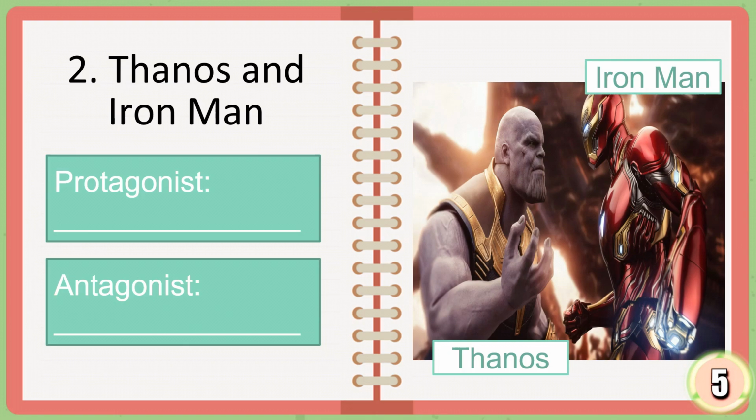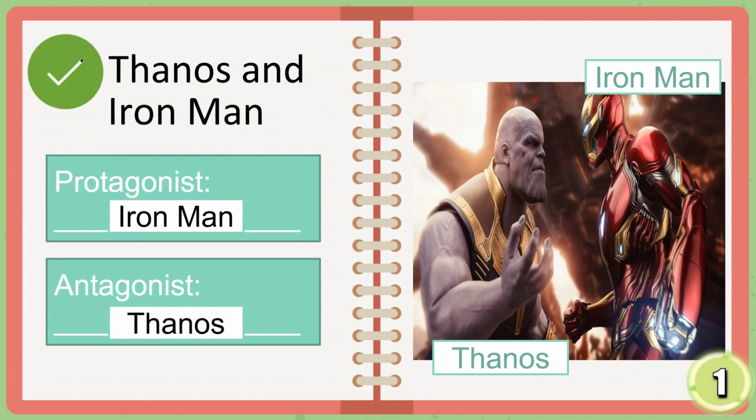Number 2. Thanos and Iron Man from the Marvel Universe. Who do you think is the protagonist and who is the antagonist? The protagonist is Iron Man and the antagonist is Thanos. Very good!